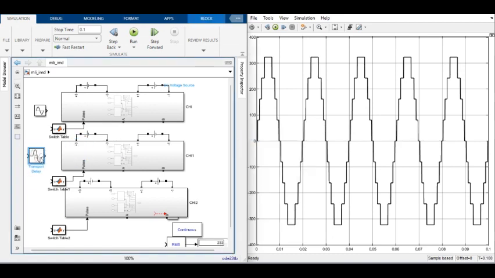To produce a 3-phase voltage, the sinusoidal reference input of each phase is displaced by 120 degrees.